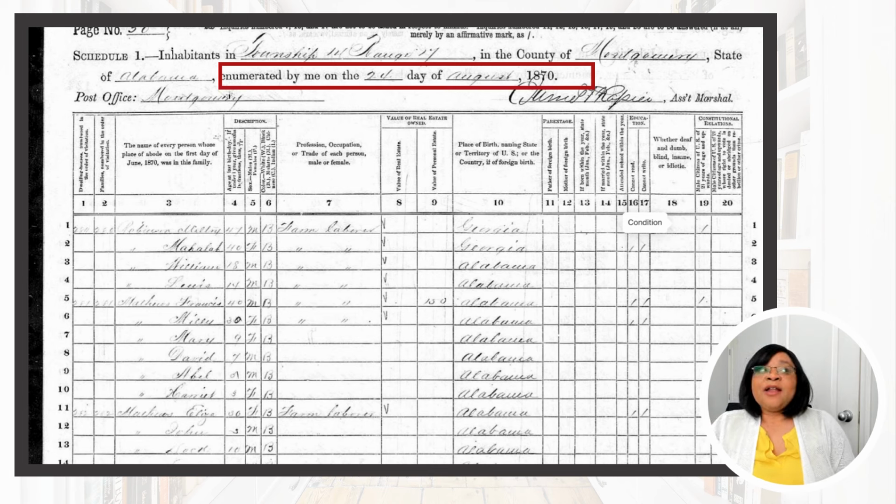I do want to add that some areas may have an 1866 census. That really depends on your area. You can look and see if there is data in an 1866 census for you.